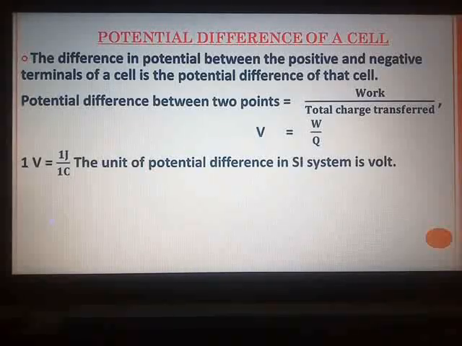Now why is its unit volt? The Italian scientist Alessandro Volta constructed the first electric cell, and the unit of potential difference is named volt in recognition of his valuable work, and hence the SI unit of potential difference is volt.